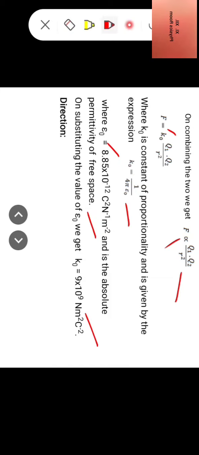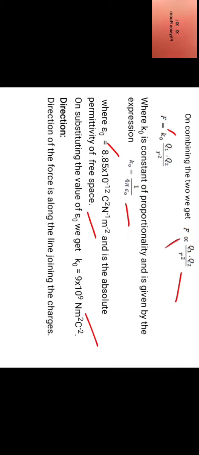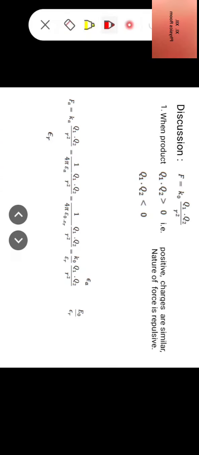Now direction. The direction of the force is along the line joining the charges. Now we come to the discussion of the formula. In discussion, the first point: when product Q1 Q2 is more than 0, that is positive, charges are similar and the nature of force is repulsive.